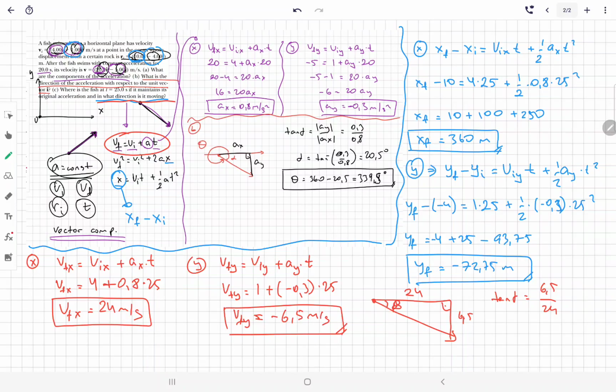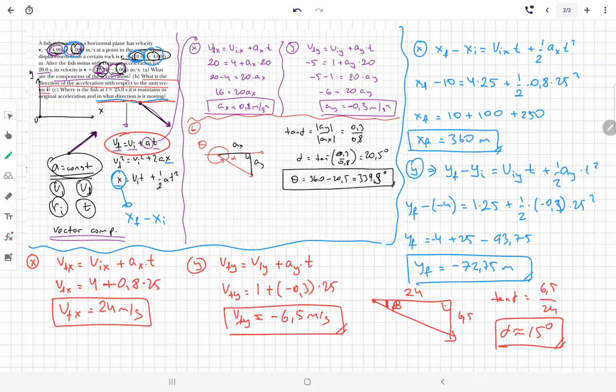So from here, beta equal to 15.1, approximately 15 degrees downward. This angle below the horizontal direction, 15 degrees. So this is the direction of the motion.